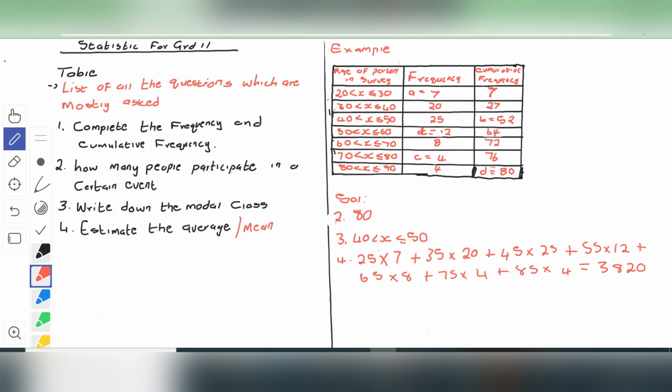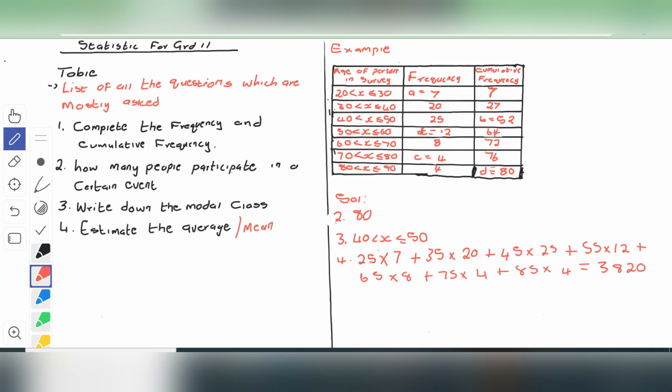which will give me 3,820. Then you're not done. After getting this, you are going to divide it by the total number of people who participated in that event.